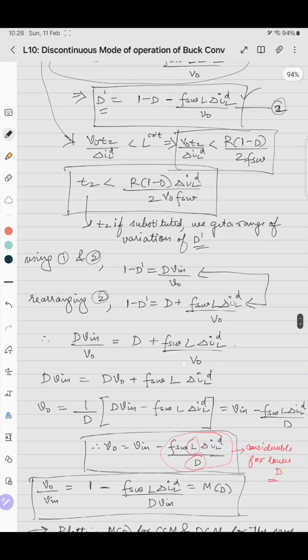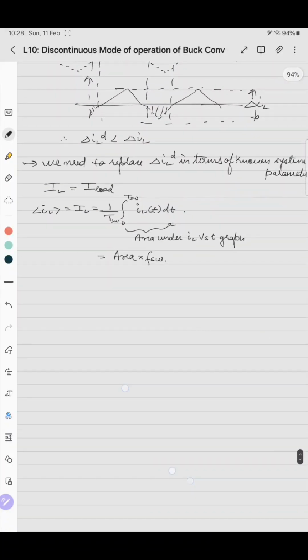So we can easily write it as, therefore, IL is F switching into area. Area is half into base. What is base? T1 plus T2. Height is delta IL of T. So we replace delta IL of T from this expression. So therefore delta IL of T becomes 2 capital IL by F switching into T1 plus T2.